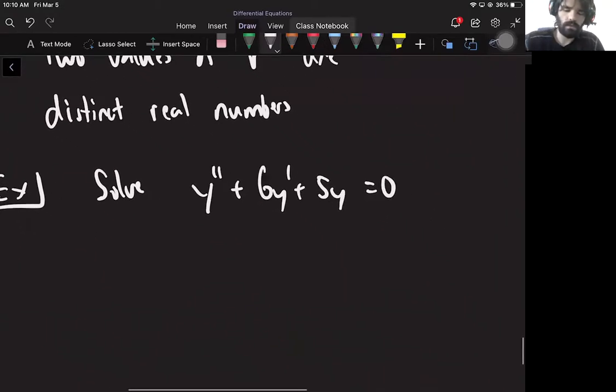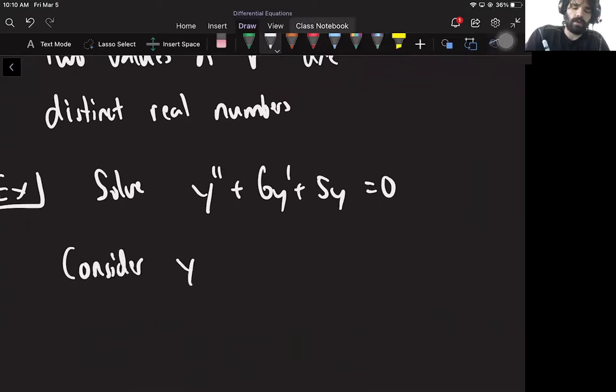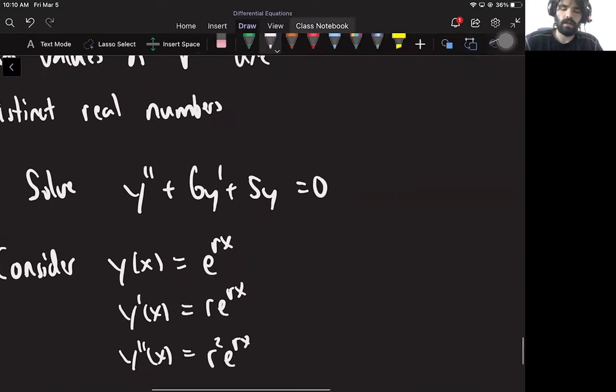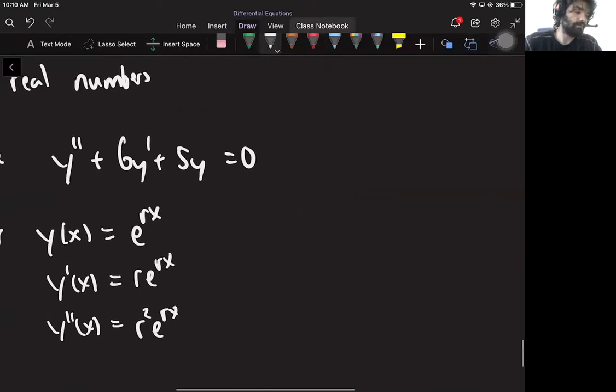So we're going to do all this stuff that I just talked about. I'm just going to call it y because I don't want to keep using y1 and y2, but secretly there are 2 different functions I'm trying depending on r. So consider e to the rx. y prime would be r e to the rx. y double prime would be r squared e to the rx. And then I'm plugging these in.